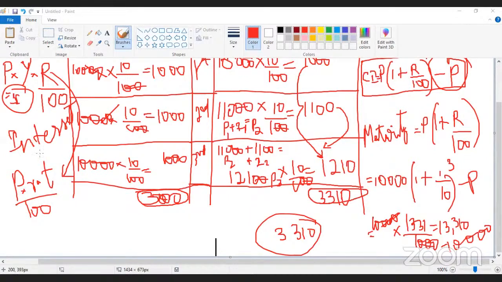So if we minus P, we are basically trying to get the interest per year. Yes. So if I don't do the minus P, I will get the principal amount and interest together. If I do minus P, I'll get only the interest.